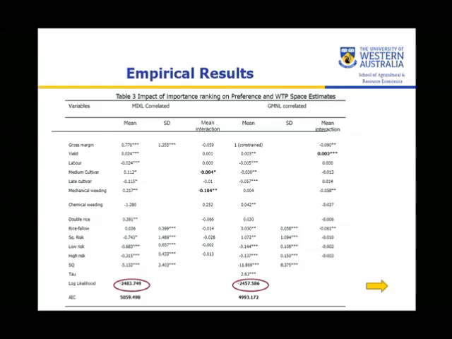Now, we also find that, of course, in terms of model fits, we have this attribute attendance model behaving as the best of all our models. And as well, we have our GMNL model being the best of all the models that we have run. So, accounting for attribute non-attendance improves our model fit.